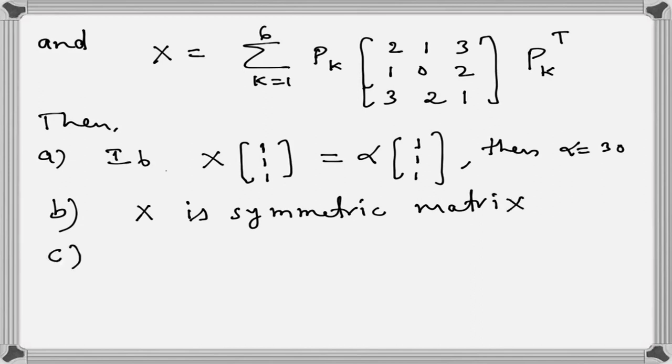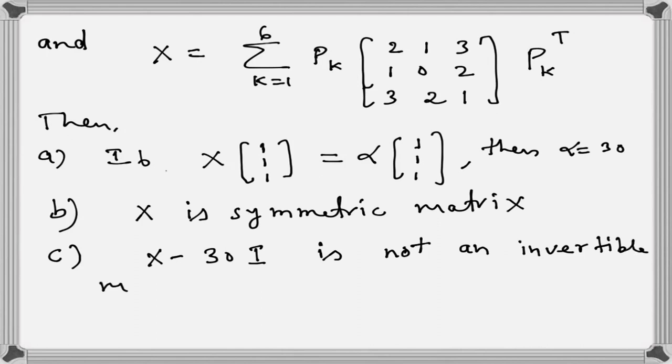Part C is X minus 30I is not an invertible matrix. Okay, so let's solve this problem.